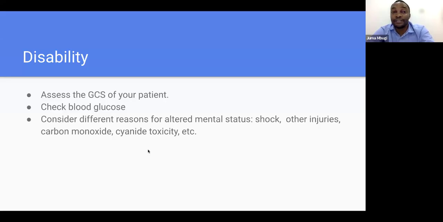So think about cervical spine injury, head injuries, and other life-threatening injuries, not just the burn, depending on the history of what happened or the mechanism of injury. So think about shock maybe, or other injuries, carbon monoxide poisoning, or cyanide toxicity as well.